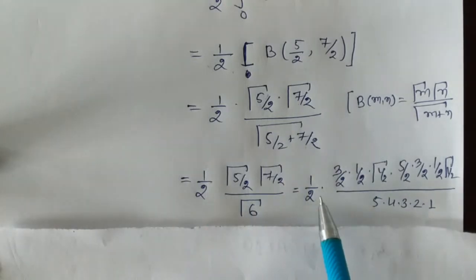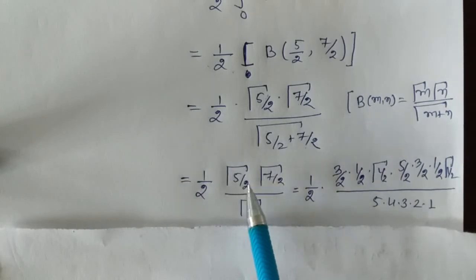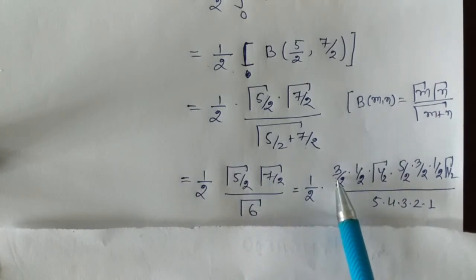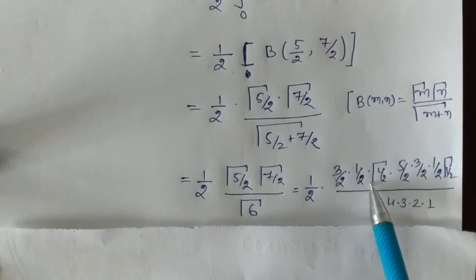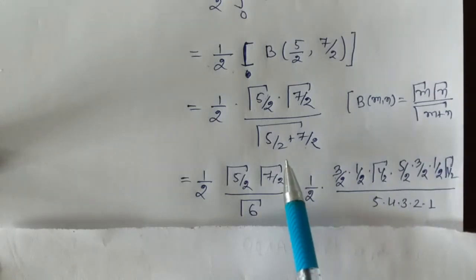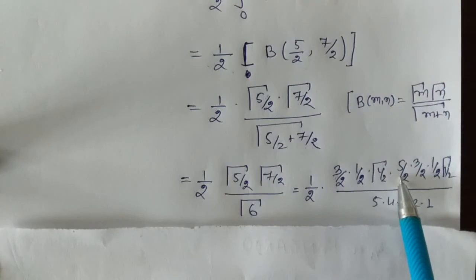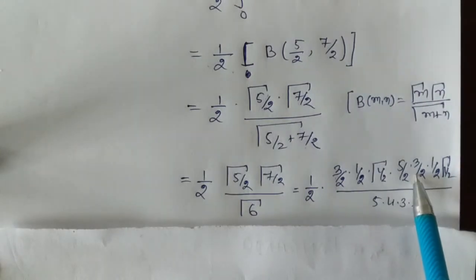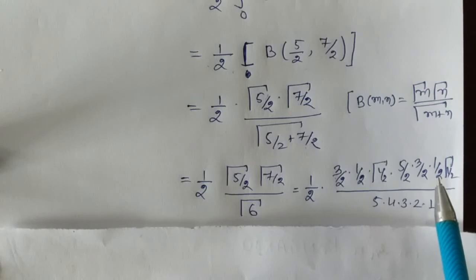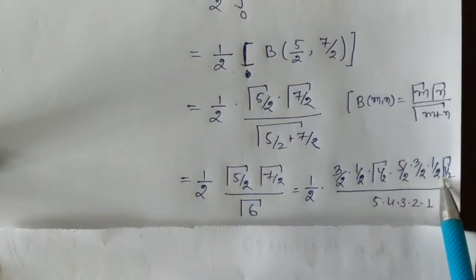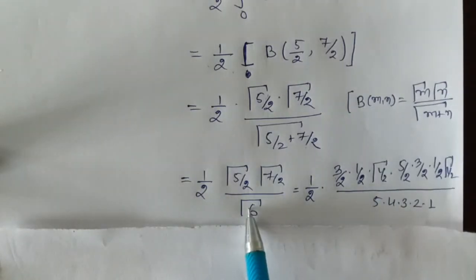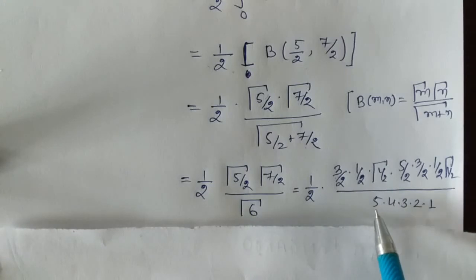So we have 1 by 2 into gamma 5 by 2, which is 3 by 2 gamma 3 by 2, gamma 3 by 2 is 1 by 2 gamma 1 by 2, into gamma 7 by 2, gamma 7 by 2 is 5 by 2 gamma 5 by 2, gamma 5 by 2 is 3 by 2 gamma 3 by 2, and gamma 3 by 2 becomes 1 by 2 gamma 1 by 2, upon gamma 6 which is equal to 5 factorial, so 5, 4, 3, 2, 1.